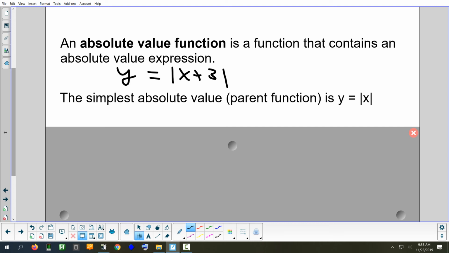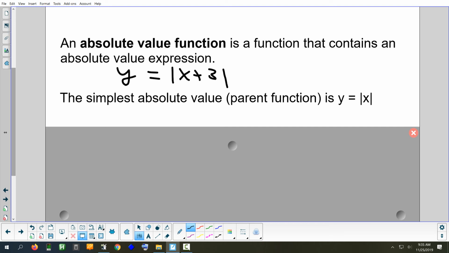The simplest absolute value function, which we compare everything else to, is called the parent function. It's basically just the simplest one you could have. You don't have anything like plus a number or minus a number.